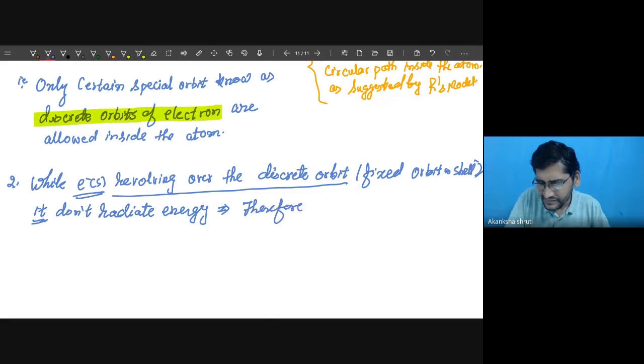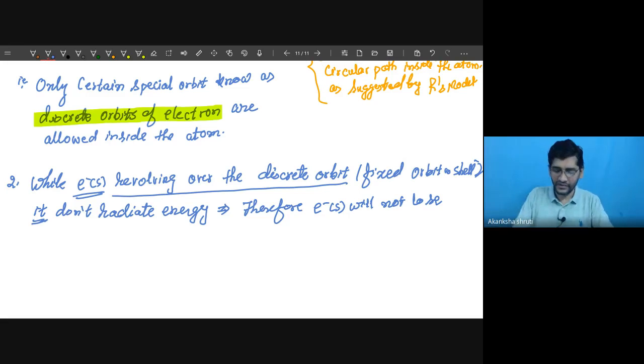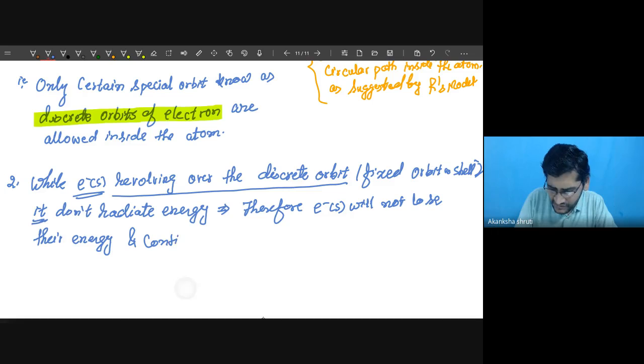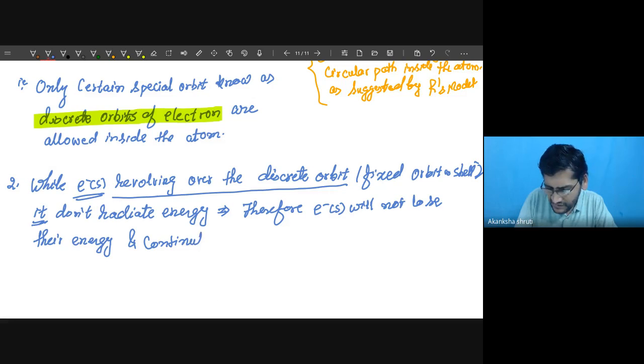Therefore electrons will not lose or gain their energy and continue to move at a fixed distance.